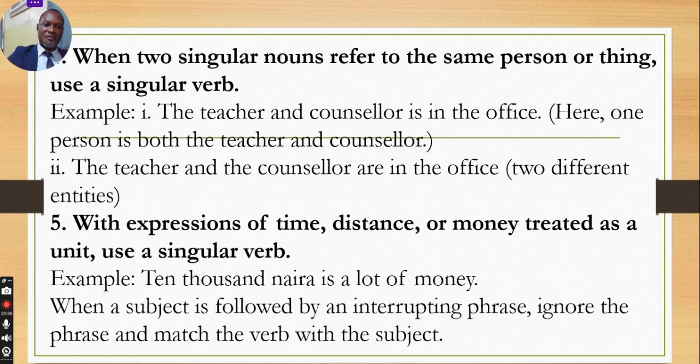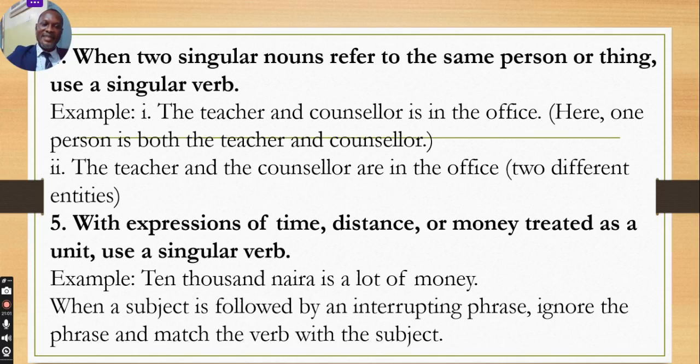Now, number 5, with expressions of time, distance, or money treated as a unit, use a singular verb. So, when you're talking of money, 10,000 naira is a lot of money.